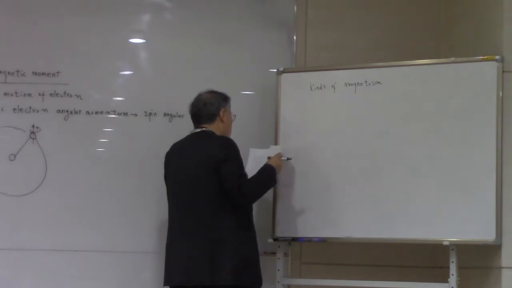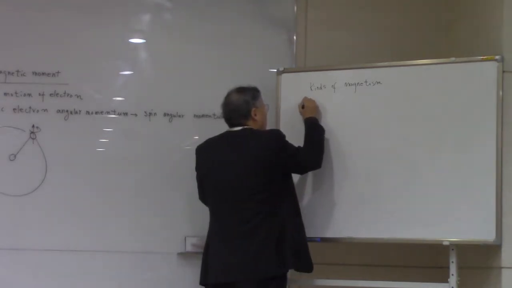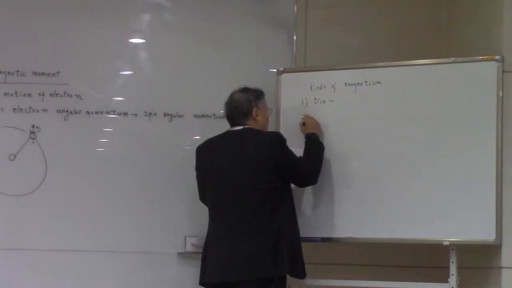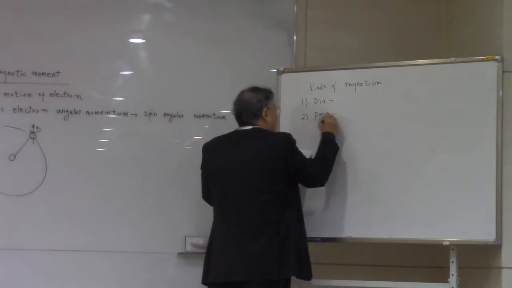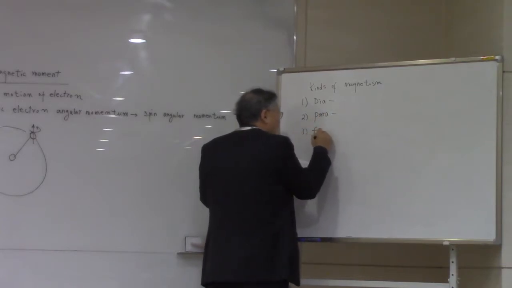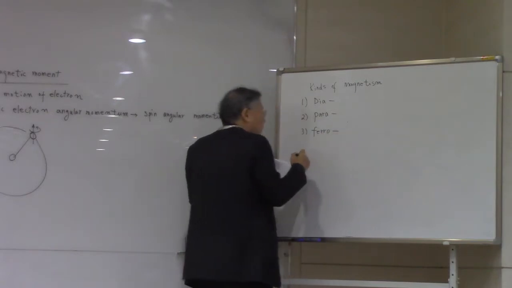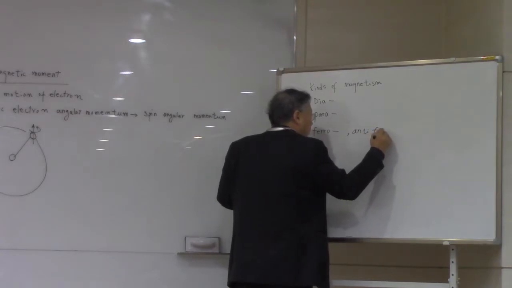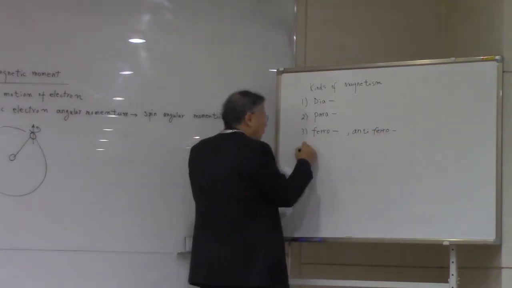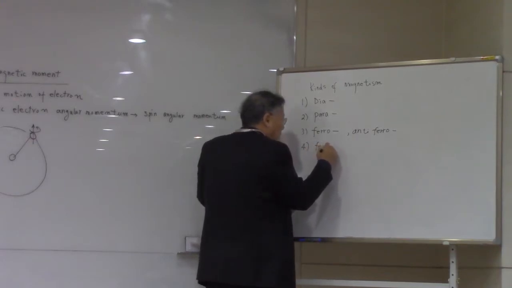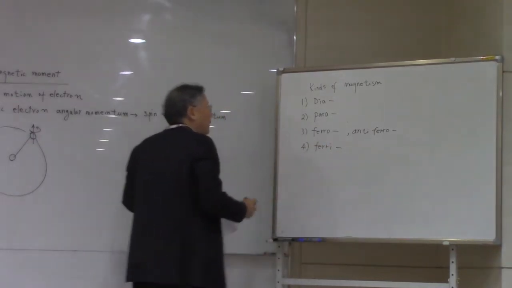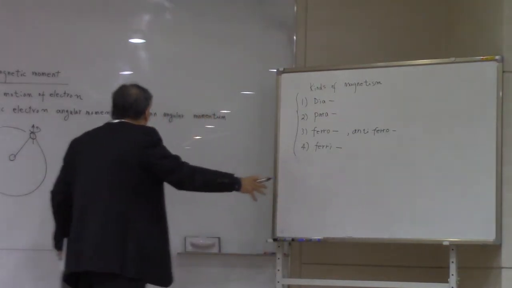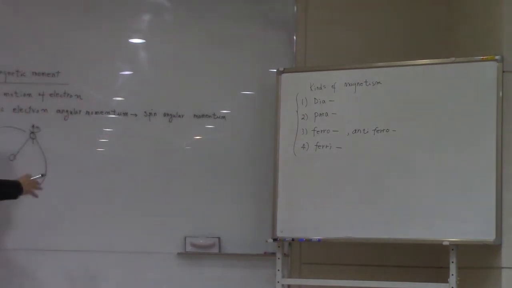Number one is the diamagnetism, and number two is the paramagnetism, and then number three is the ferromagnetism and anti-ferromagnetism, and then number four is the ferrimagnetism.